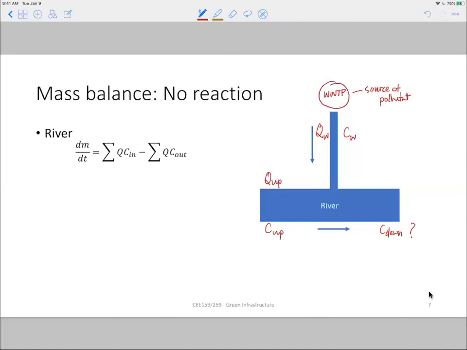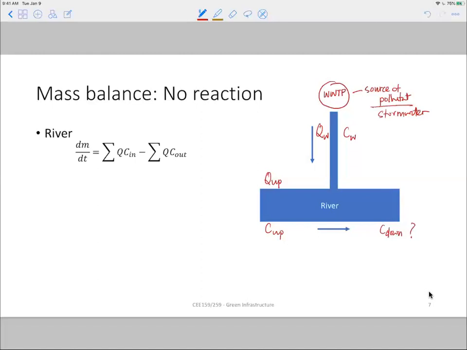That means we have to calculate it based on the information we know right now. This is a typical example of a source of pollutants, or let's say stormwater. When it's discharged into a river, what's the contaminant concentration in the river? That's a very typical example.